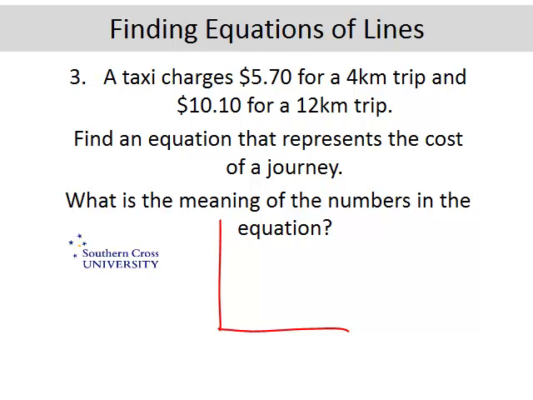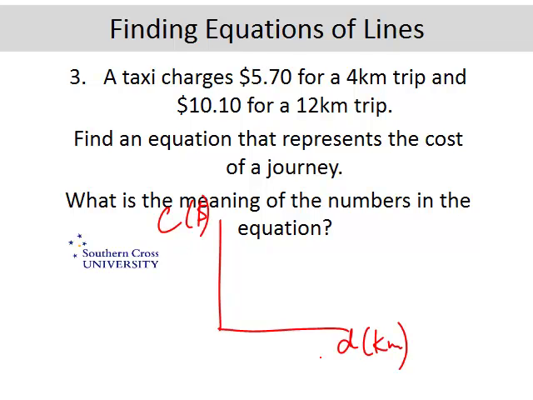And I'd suggest that the number of kilometres, or the distance, would go on the x-axis, because that's the independent variable. We want to find out what the cost is based on the number of kilometres, or the distance travelled. So this would be the charges up here, measured in dollars.